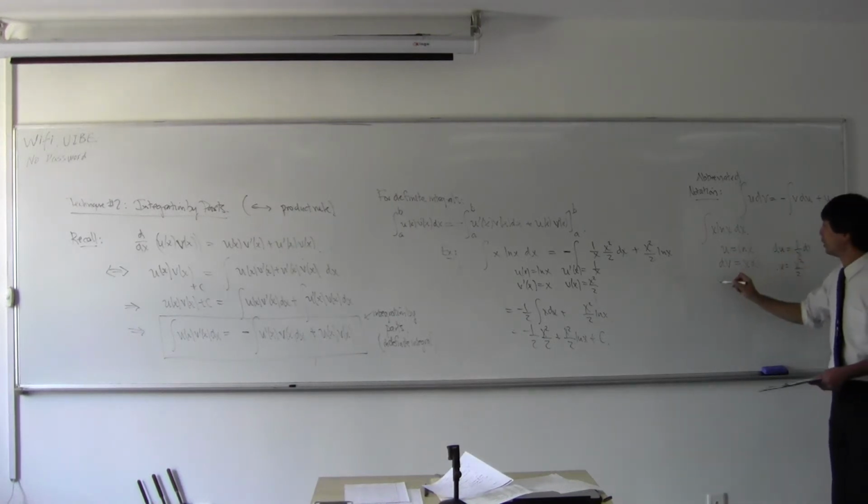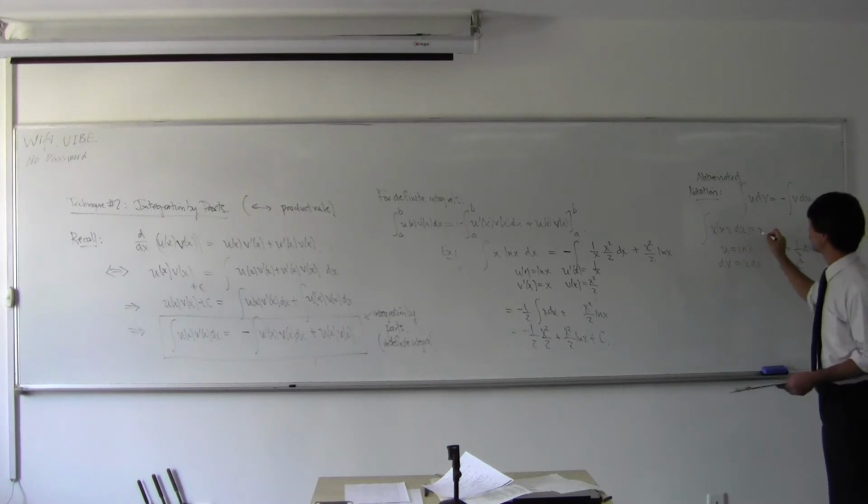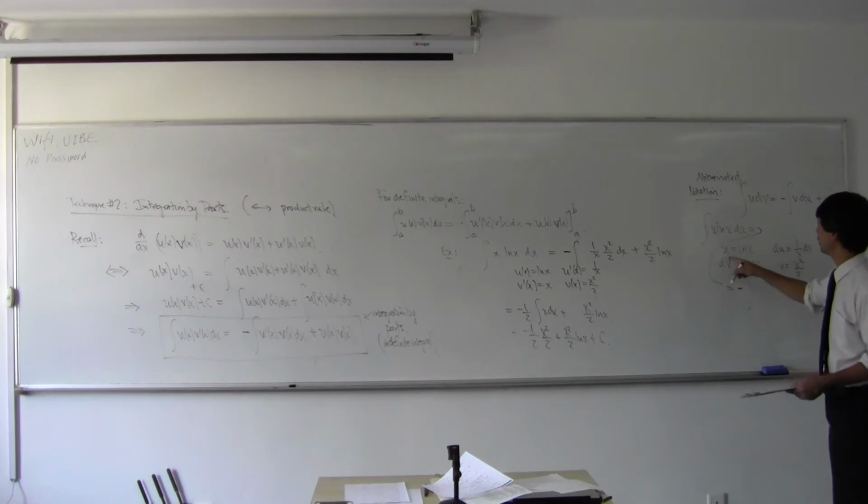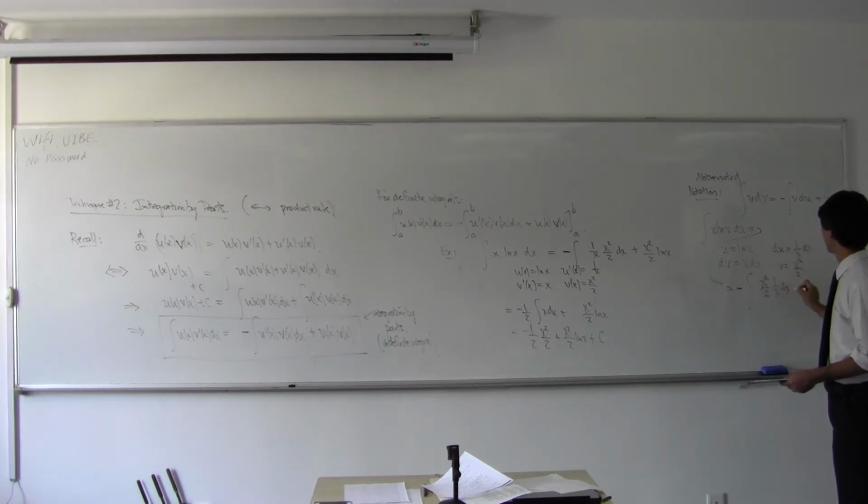So this thing is going to equal negative, since this is u dv, negative the integral of v du, plus u times v.